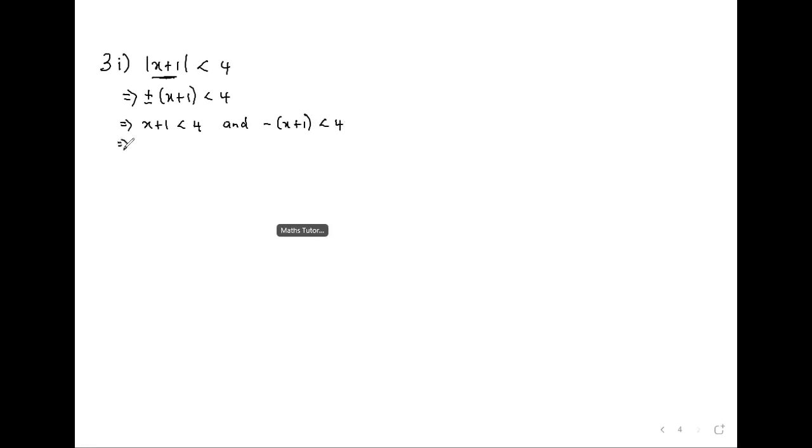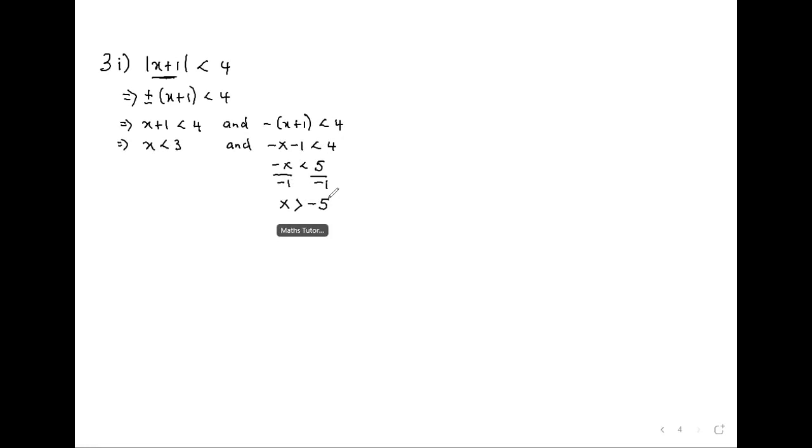Then x will be less than 3, and negative x minus 1 less than 4. So negative x less than 5, divided by negative 1, so you get x greater than negative 5.